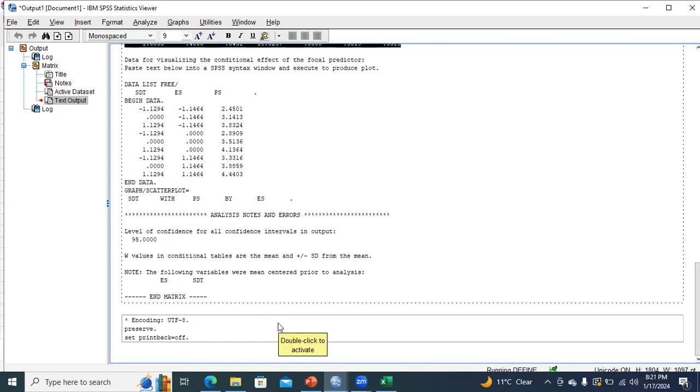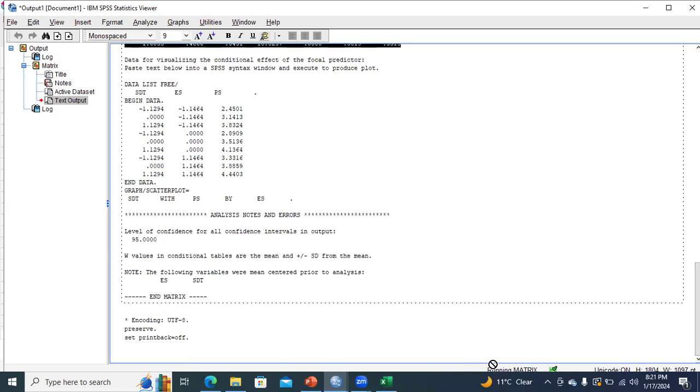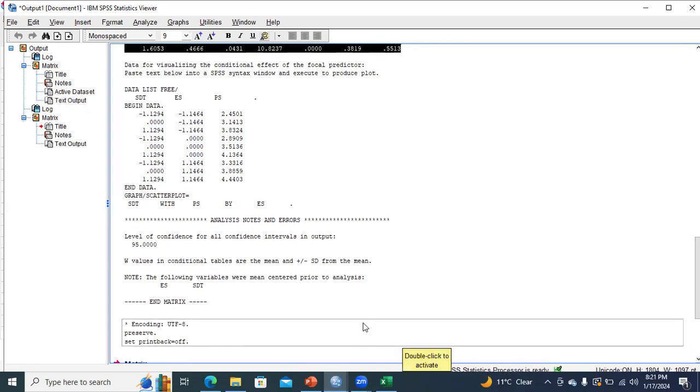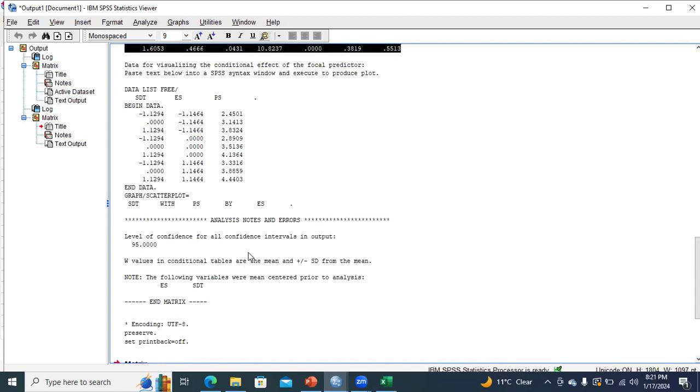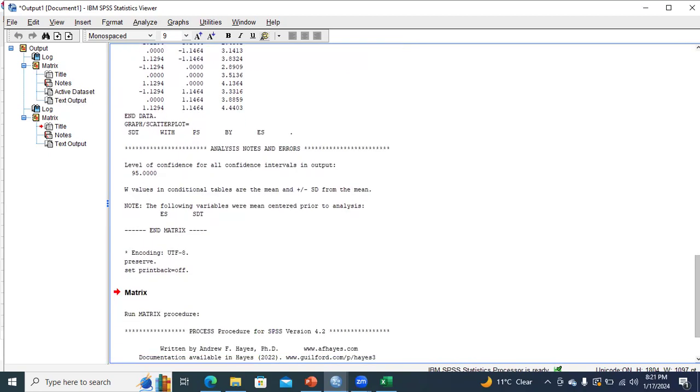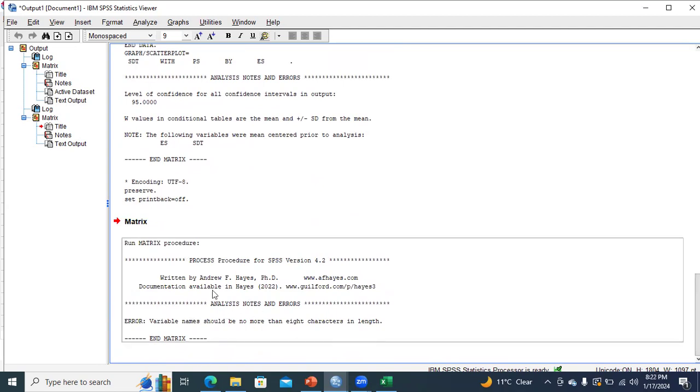You need to see what will happen in the results. Just wait for a while. It is running the matrix, you can see over here, and yes, this error has appeared. It shows that the variable name should be no more than 8 characters in length.